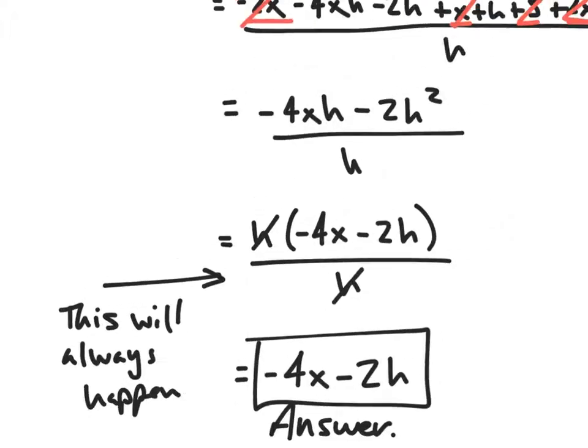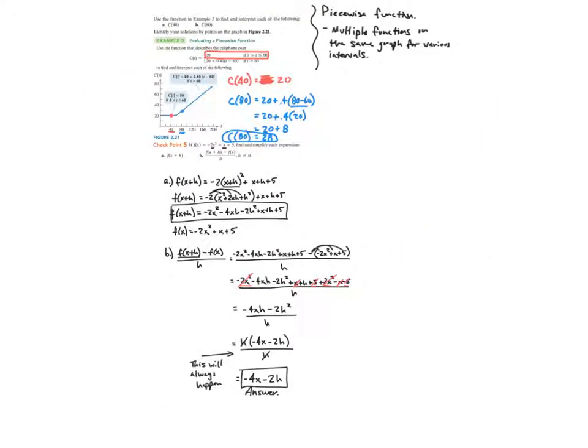Now, I agree, this may have been something where you're like, all right, what is the purpose of this? I'm not going to get into that because that would require me getting into calculus, which I'm happy to do. I'm happy to talk to you guys about this and why this is so important.